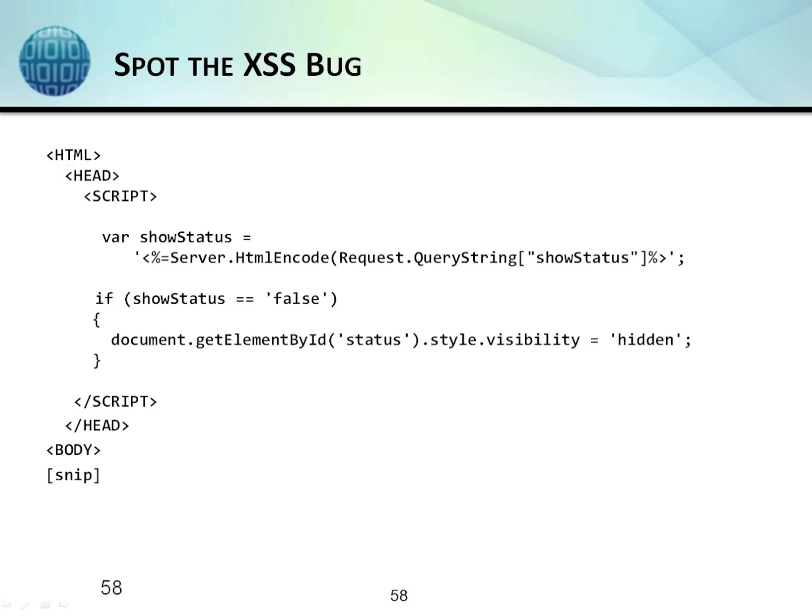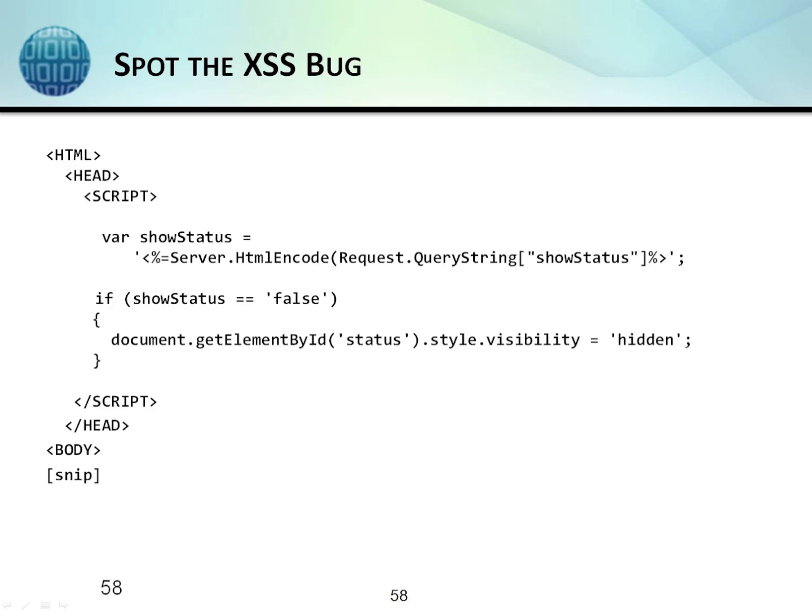Status is one of your query string parameters. It is. So it's a good observation. Yeah, this is fairly classic. What happened here is there's data being taken from the query string. The value is show status. And you can actually see here the value is being written into the response.